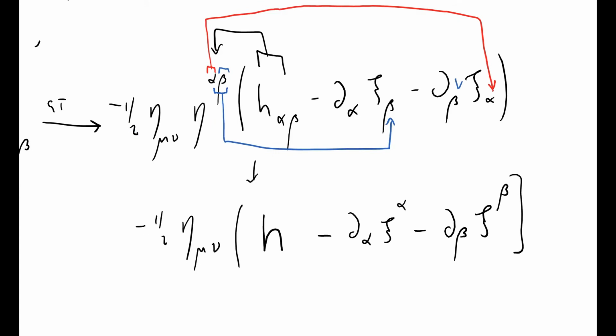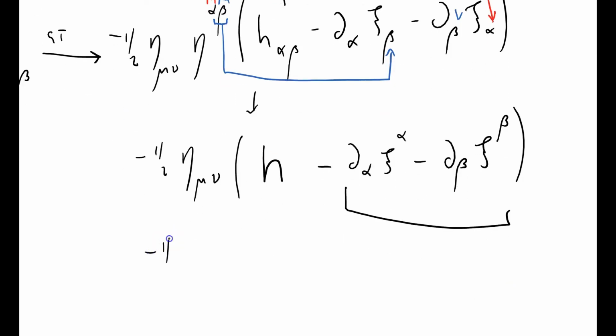Now here's the clever thing. Again, this is just a piece of magic. It speaks volumes as to how clever the summation convention is, and the linear approximation, and one's physical intuition. These two things here are the same term. So what we are left with is minus a half eta mu nu times h.